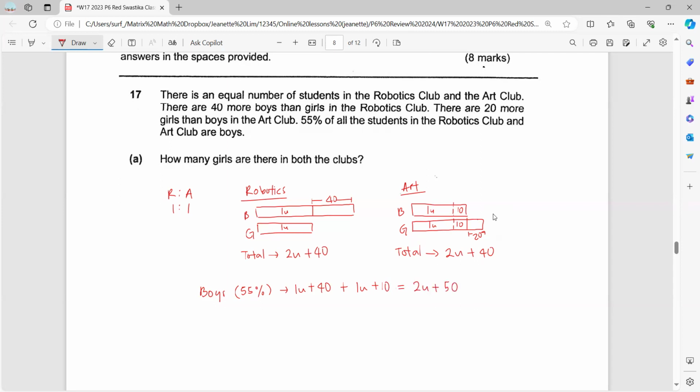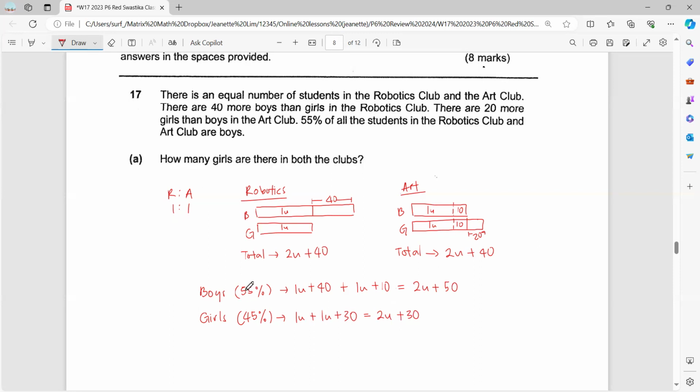Now let's do the same for girls. Girls will be the remaining 45%. So according to the model, we have 1 unit plus 1 unit and 30. This gives us 2 units plus 30.